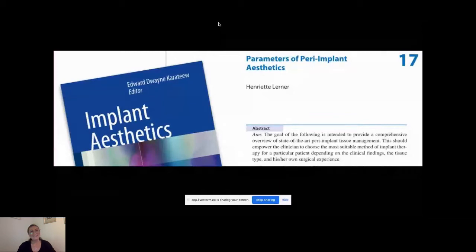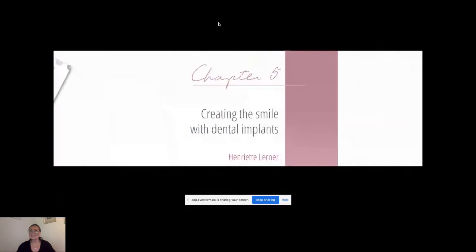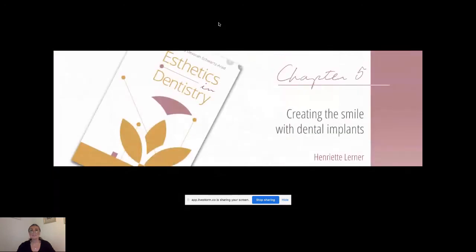Now, in all these cases, we tried to offer the best aesthetics on implants and on natural teeth, but also on teeth and implants adjacently. And we offer also parameters of peri-implant aesthetics and implementation in the full arch restorations.